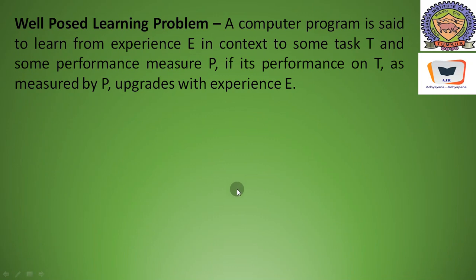A computer program is said to learn from experience E with respect to some task T and some performance measure P if its performance on T, as measured by P, improves with experience E. Though it sounds a little rugged, simply and conceptually, machine learning algorithms can be viewed as searching through a large space of candidate programs, guided by training experience, that is data, to find a program that optimizes the performance metrics.